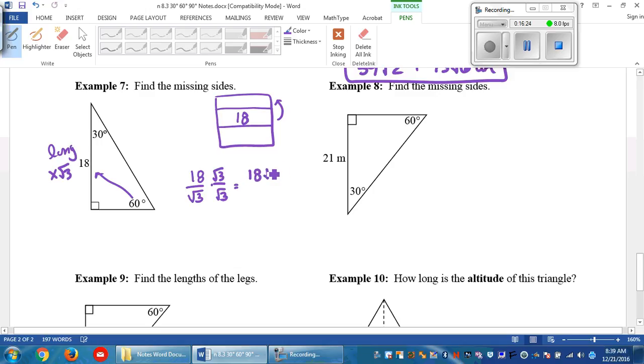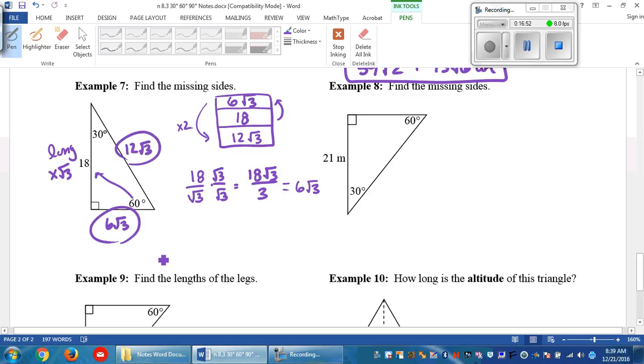This becomes 18 root 3 over 3, and simplify if you can. The 18 and the 3 become 6 root 3. So my 60 side is 6 root 3. And then if I double it, this becomes 12 root 3. And we're done for finding the missing sides.